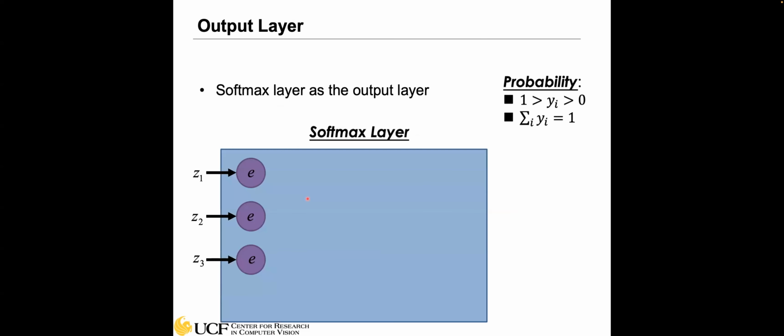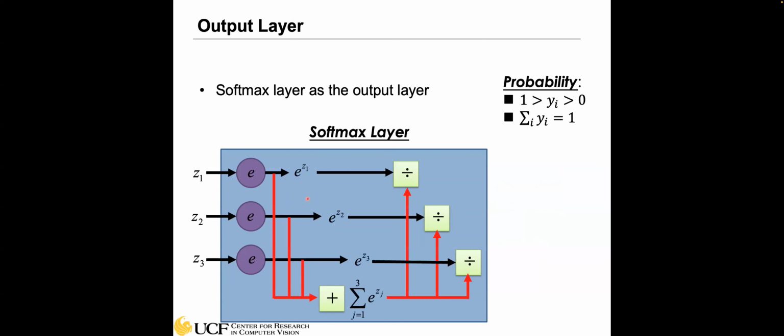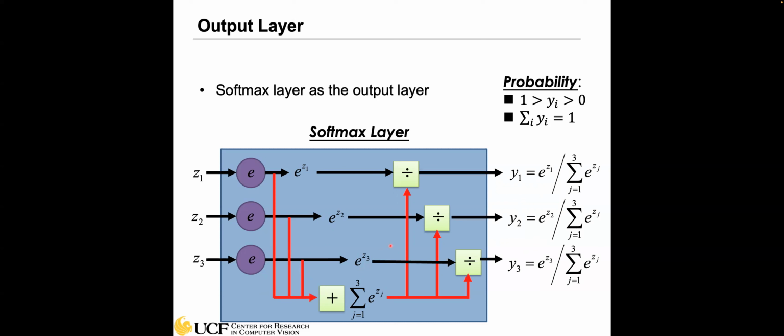In order to make it easy to interpret and to make a proper decision, we introduce this softmax layer, which is basically just a normalization. You use the exponential function here, and we also normalize to between 0 and 1.